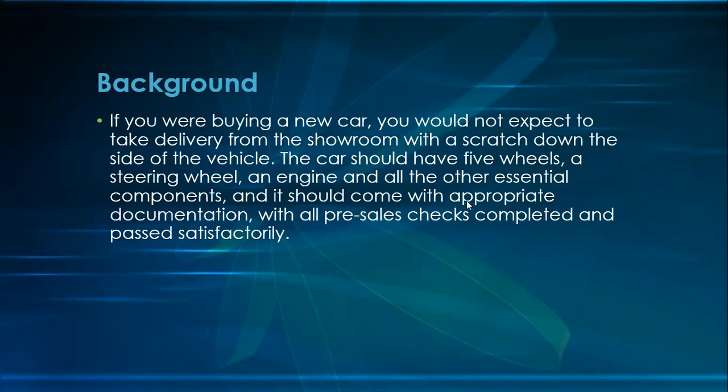So I'll just give you an example. There are various examples that you can use, but the example I'm looking at today is buying a new car. If you want to buy a new car, the first thing is that you book, and you go to the showroom.